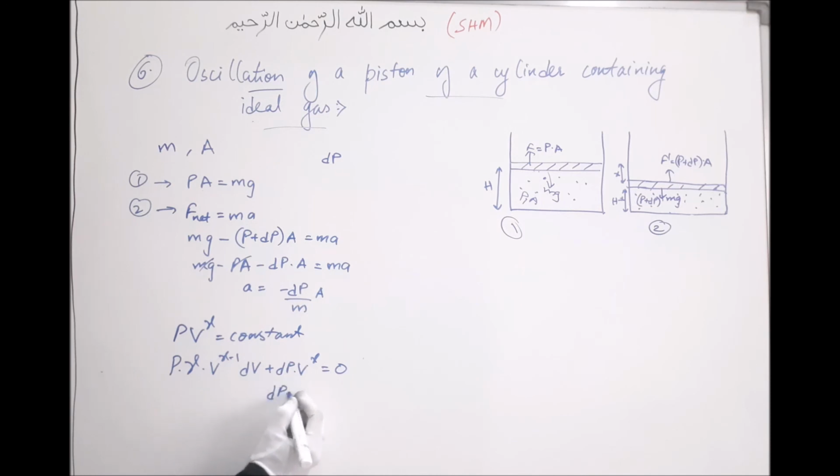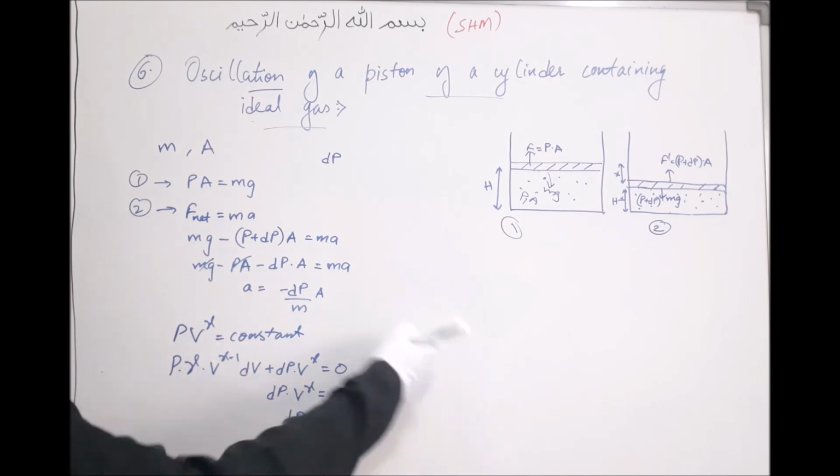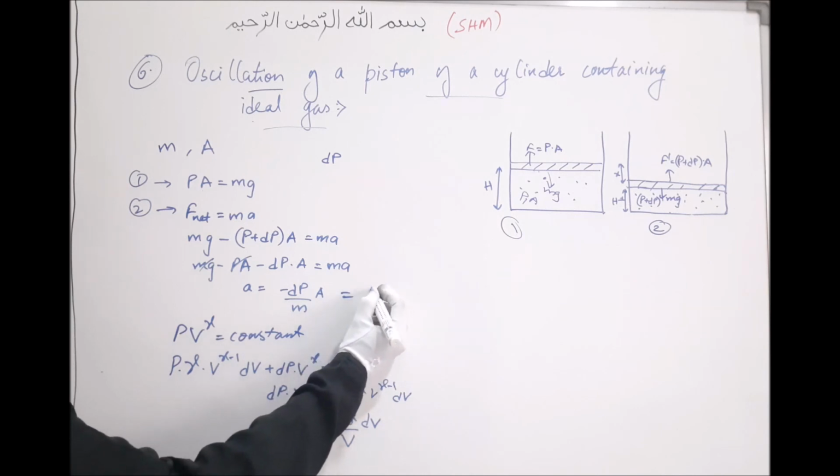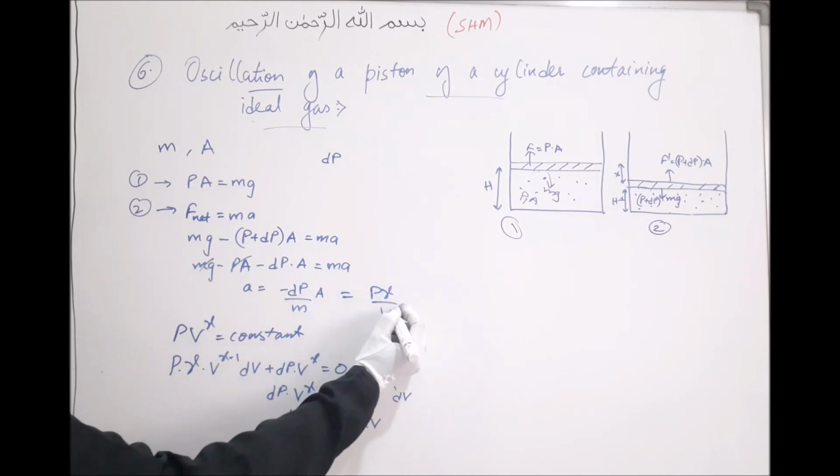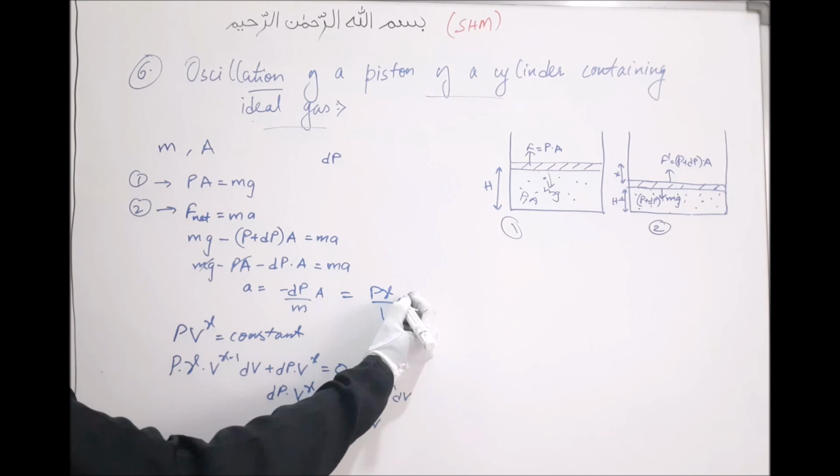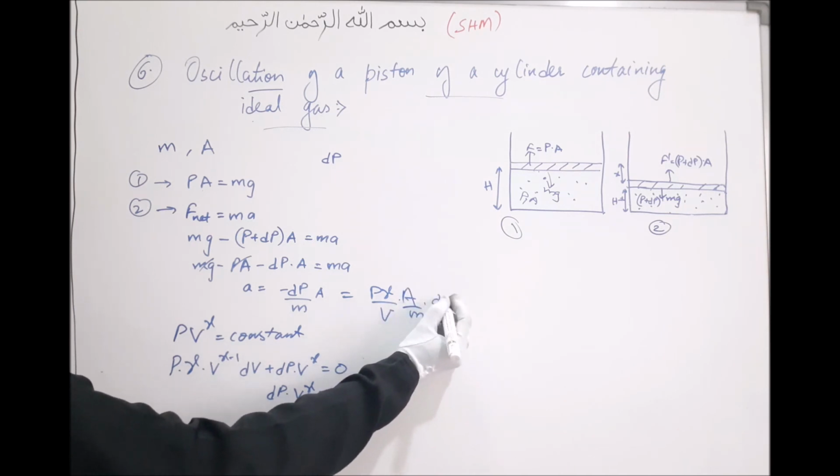So we'll have dP into V raised to gamma is equal to minus P gamma V raised to gamma minus 1 dV, and take that there, and you'll have dP is equal to minus P gamma upon V dV. I can substitute it here and this will become P gamma upon V into A by m into dV.